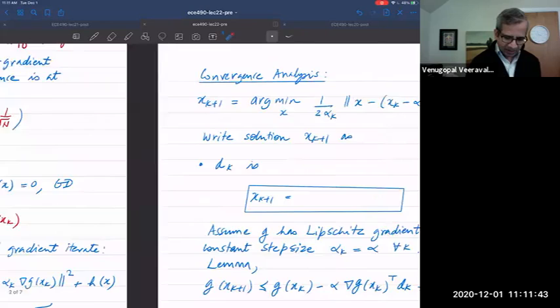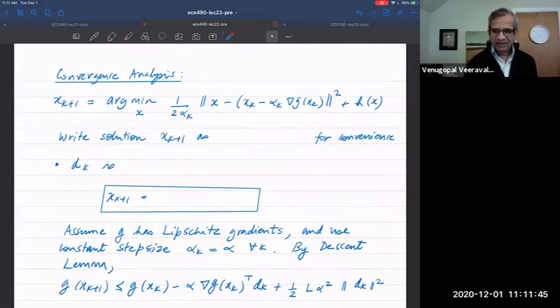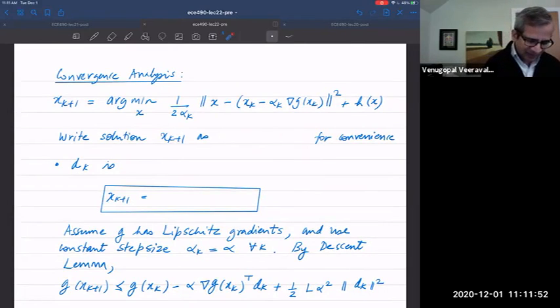Okay. So what do we do then? First, we write the solution in a form that looks familiar to you. xk plus 1 is the minimum of this function.